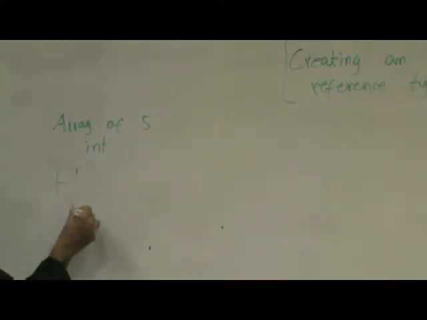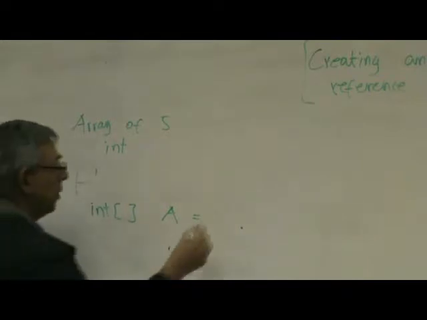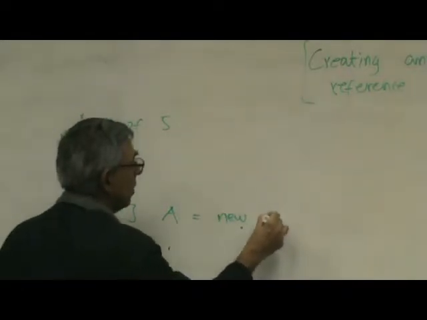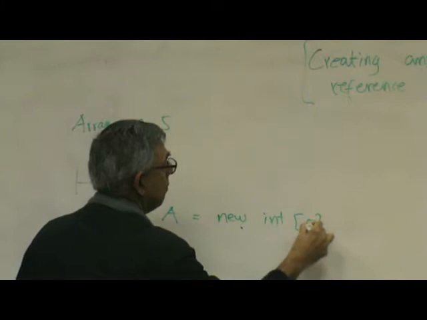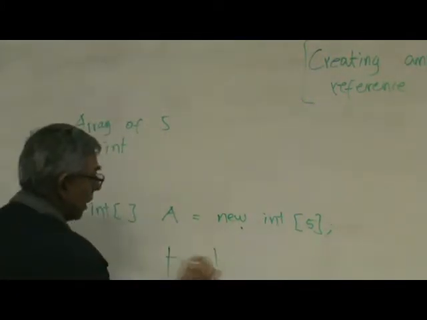After the data type, if you put empty brackets, that means it will be an array. Then you give it some name, right? Because arrays are reference types, the memory for the array has to come from the heap, right? So then you will say new int of 5 as an example, right? So right away it gives us 5 memory locations.